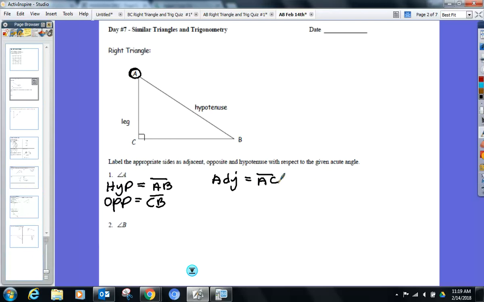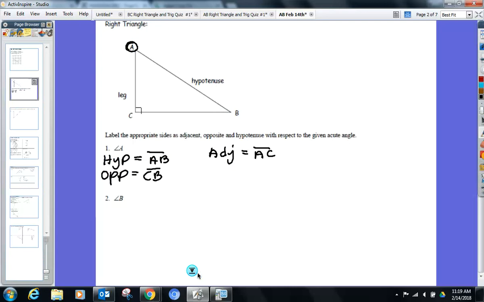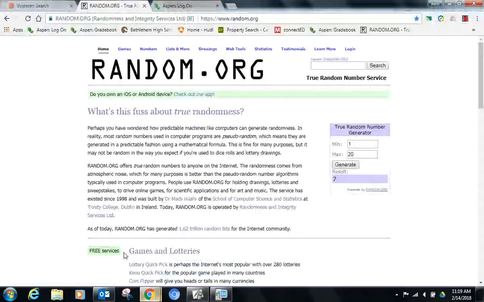Can you guys do the same thing now, but turn your focus to angle B? Tell me the hypotenuse, opposite, and adjacent side while looking at angle B. And those would be what sides?